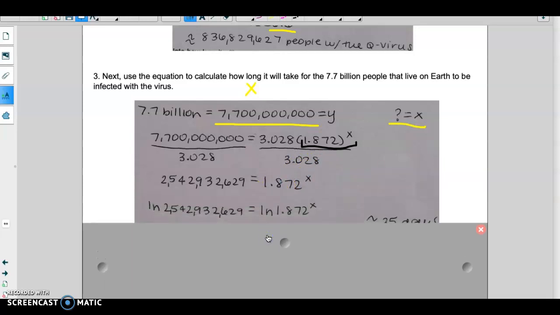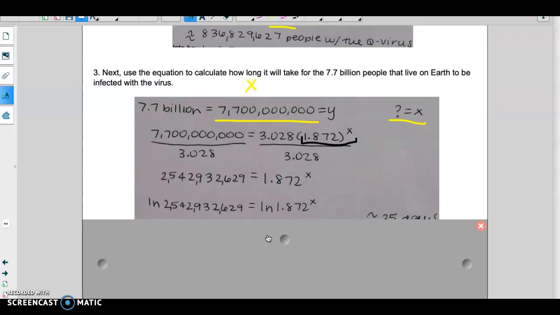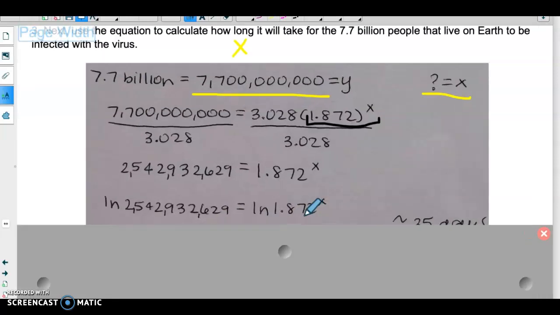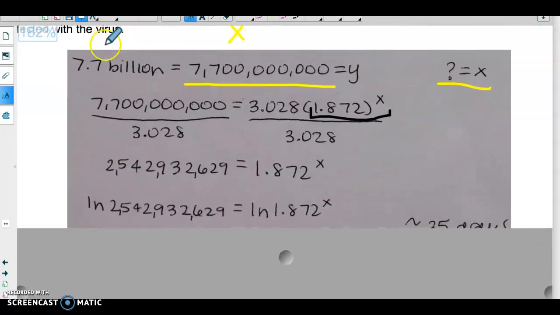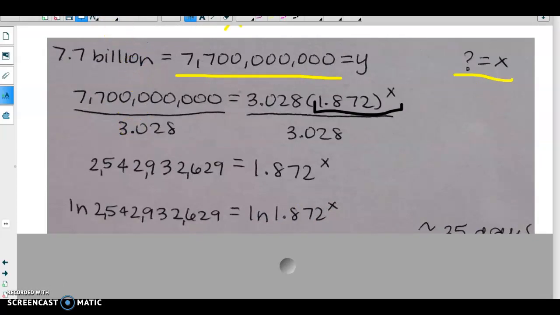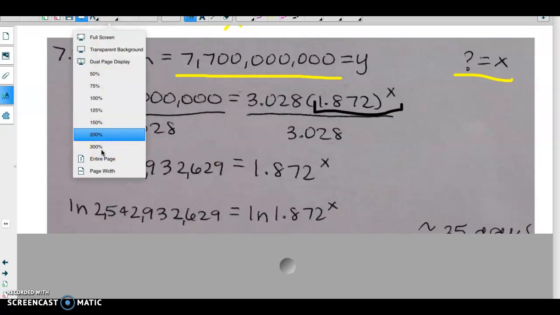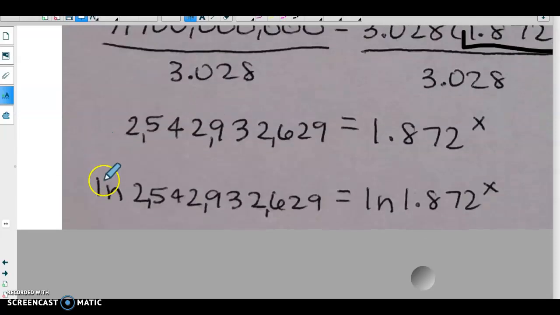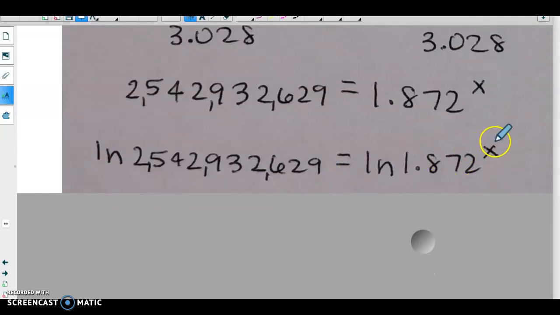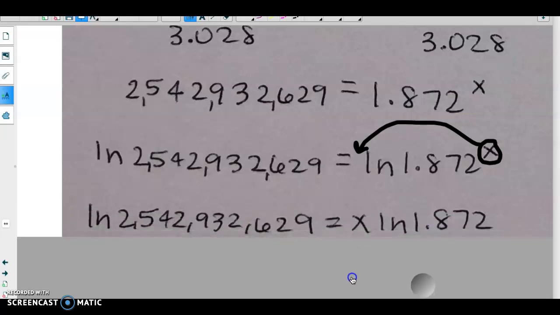If I take the ln of both sides, I am going to be left with this, right? ln of 2.5 billion equals ln of 1.872 to the X. The whole point of us doing that was so now I can use the power property and take that variable and move it to the front, right? So now I have ln of this 2.5 billion equals X times ln of 1.872.